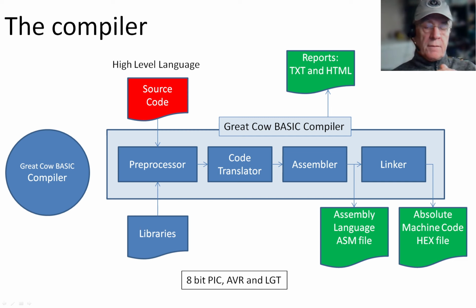It then gets passed into a series of lists, which are called the code translator, and that is essentially starting to target your code for your target chip. It starts to create the target solution for your particular chip.